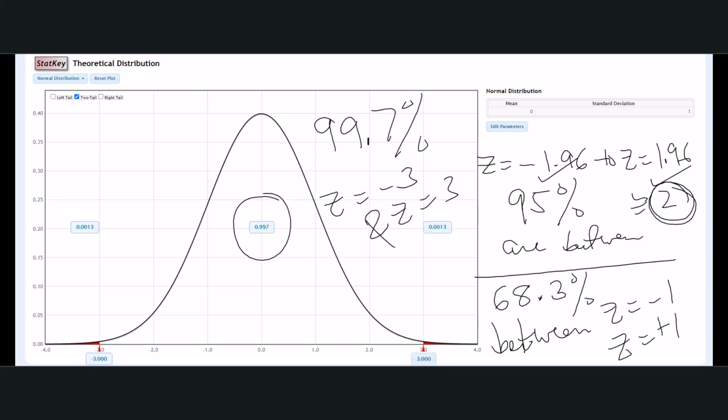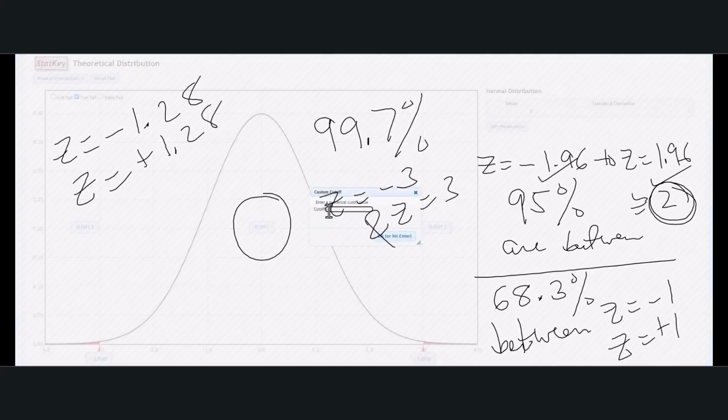And if you want, you can obtain values in between any two. For instance, if somebody asks you to give the area between, say, z equals negative 1.28, I just took a number, to z equals 1.28, all that you have to do is come up here and change it to 1.28.